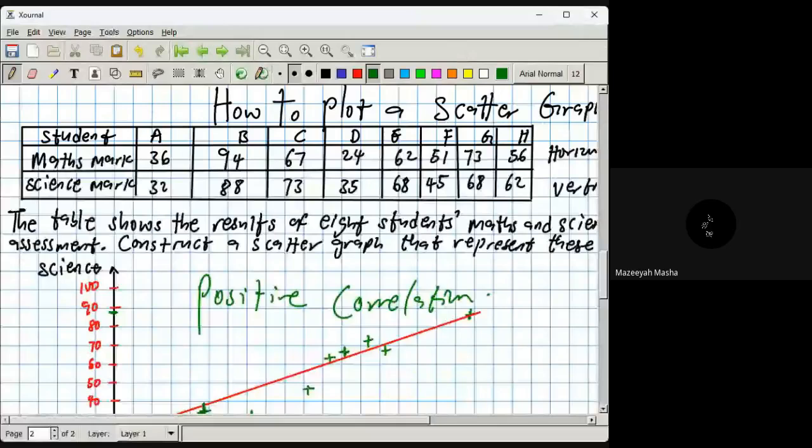Mr. Salah, do I have to draw everything? Yes.